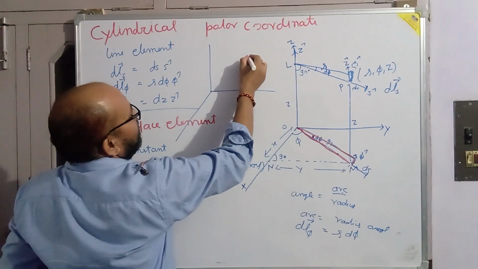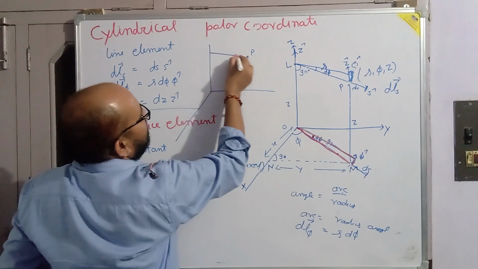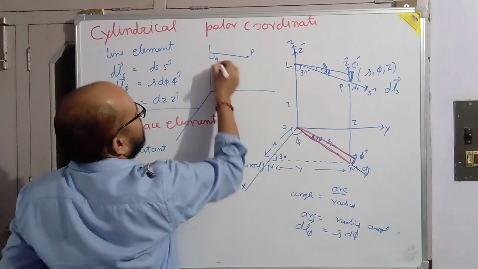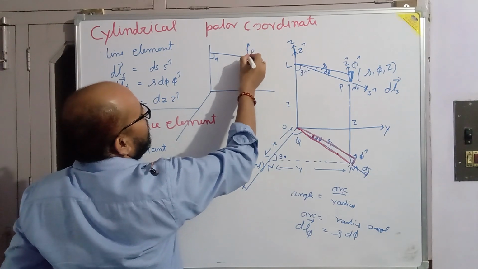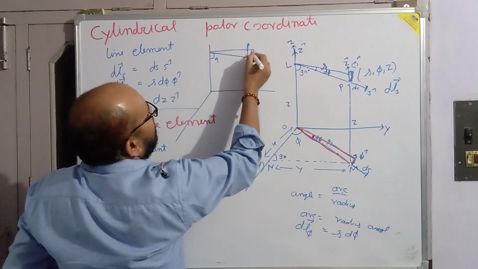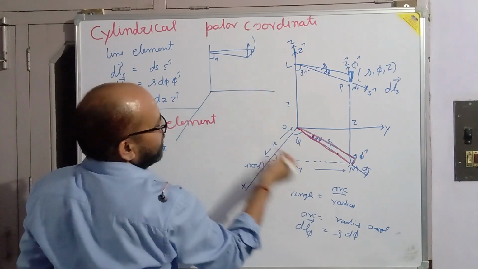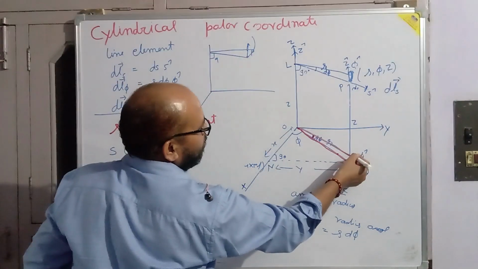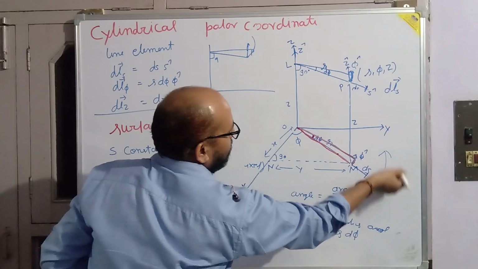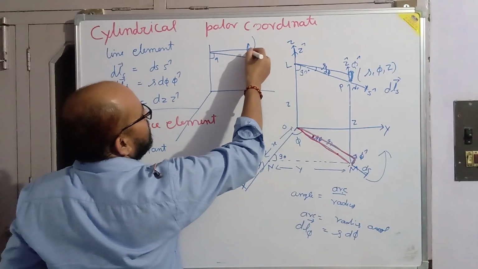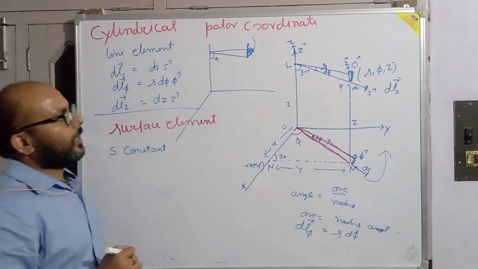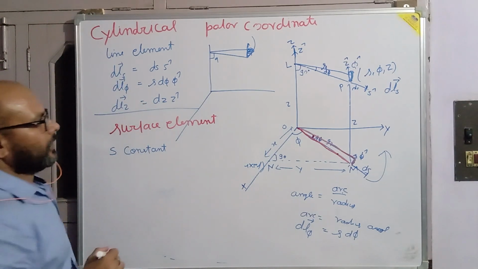Here P is the point, perpendicular 90 degree. Here z direction, so dz, that is simply here just like an arrow. Look at this figure in one plane. So this area is known as surface element or area element, right?